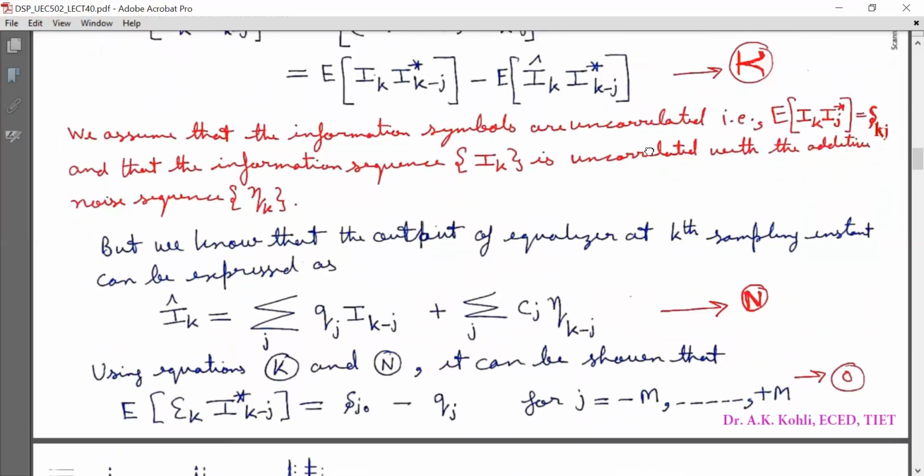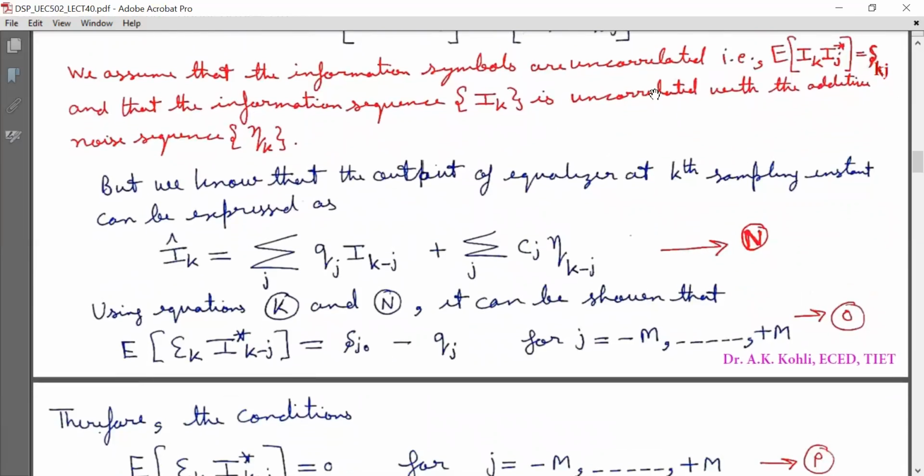Now we assume that the information symbols are uncorrelated, that is expectation of Ik into I conjugate j is equal to delta kj, and that the information sequence Ik is uncorrelated with the additive noise sequence eta k. But we know that the output of equalizer at kth sampling instant can be expressed as I cap k equal to summation j qj I k minus j plus summation j cj eta k minus j.